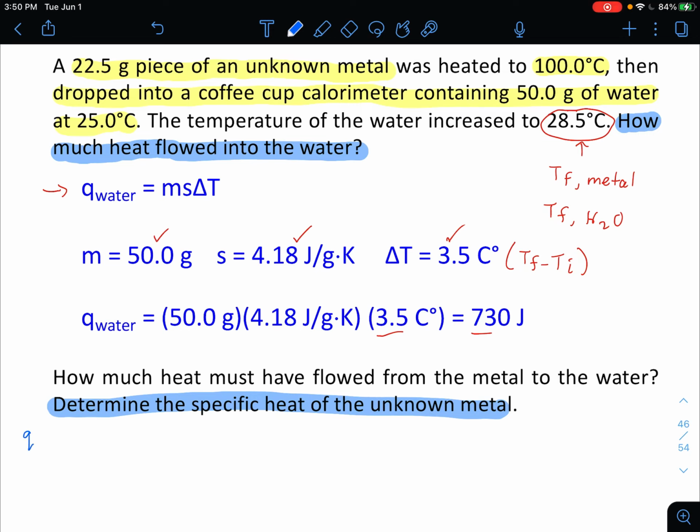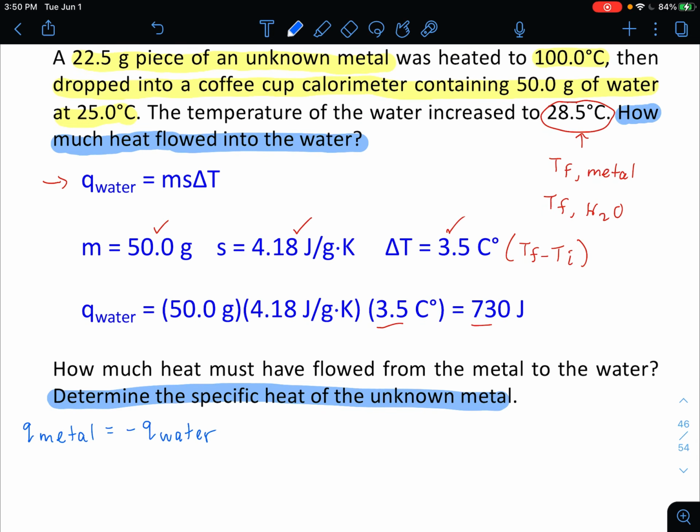So what that means is the heat that flowed out of the metal is equal and opposite to the heat that flowed into the water, right? This is the bookkeeping that we're able to do to say whatever came in had to come from somewhere, so the metal must have given us that heat. So that means the Q for the metal is negative 730 joules.